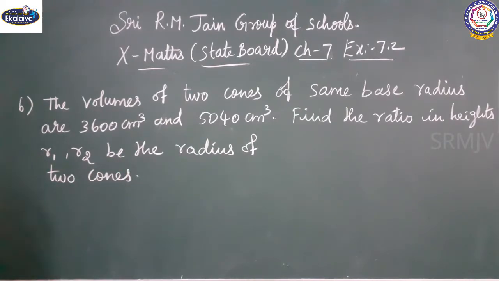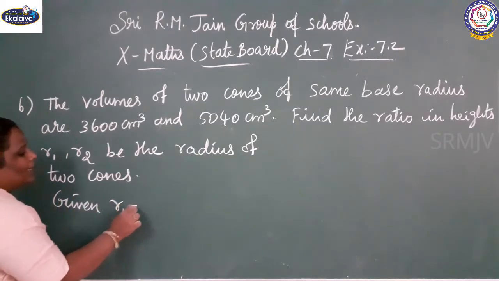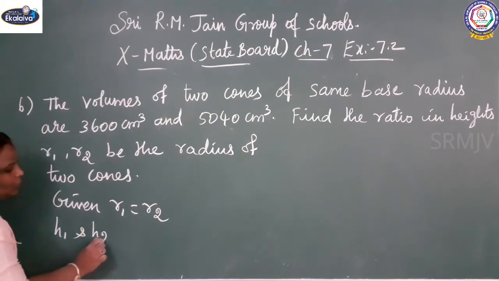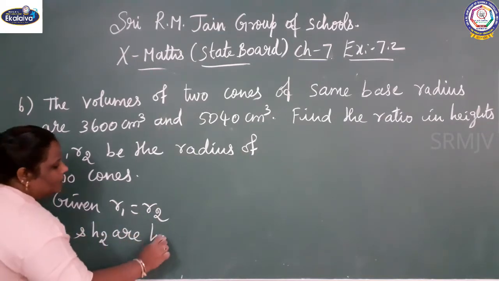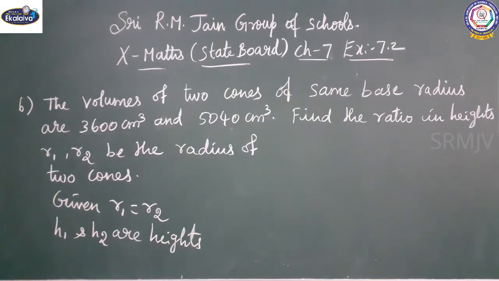It is given that the cones have the same base radius, so R1 equal to R2. H1 and H2 are the heights of the two cones.